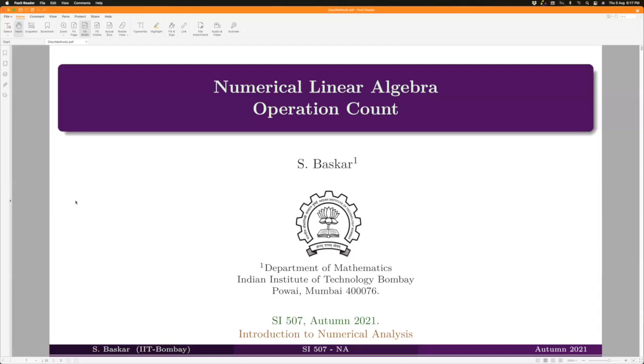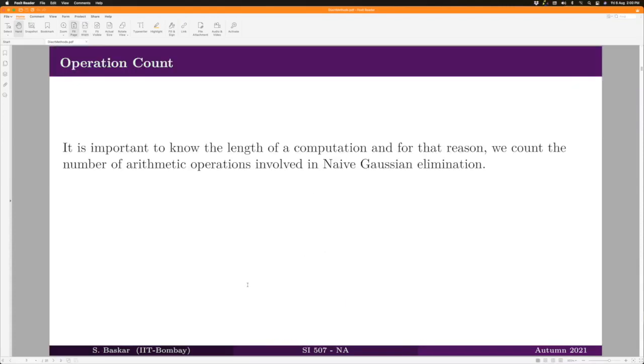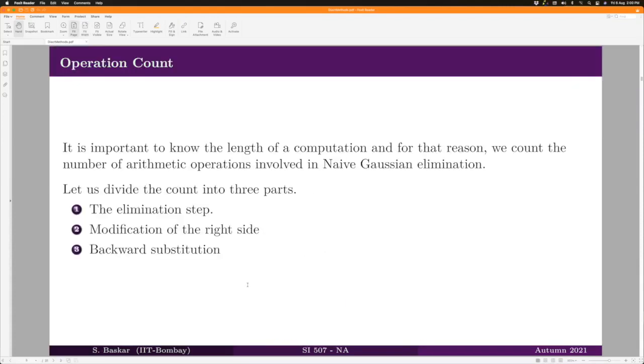To see that Gaussian elimination method is very costly in computations, let us do the operation counting of the Gaussian elimination method. Let's do the operation counting only for the naive Gaussian elimination method. Let's divide the method into three parts.